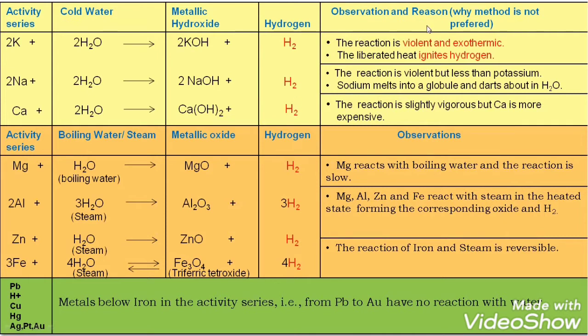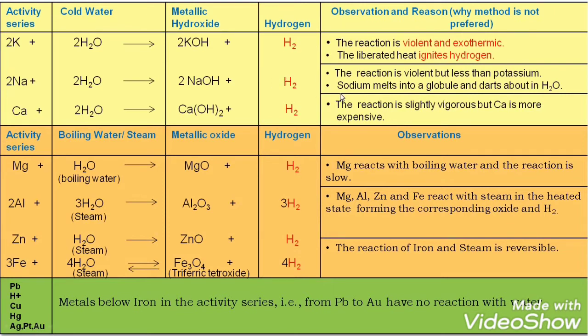Now let us also know the observation and the reason. In case of potassium, the reaction is very violent and exothermic. Because it is exothermic, the heat that is liberated ignites hydrogen. It can ignite hydrogen because hydrogen is a combustible gas.